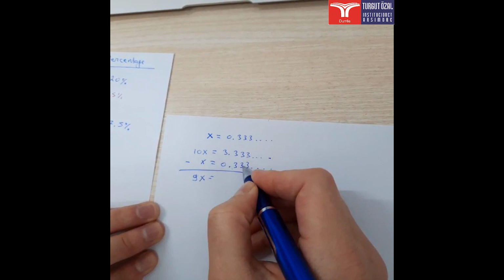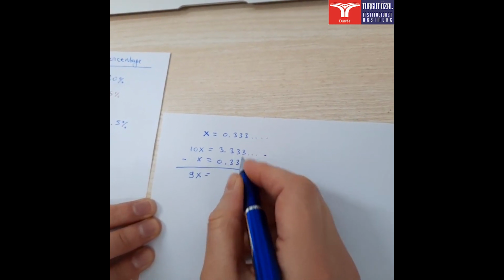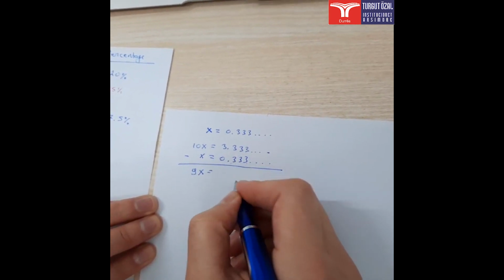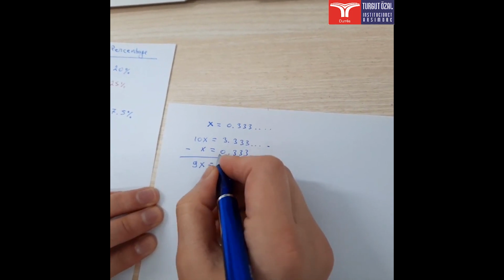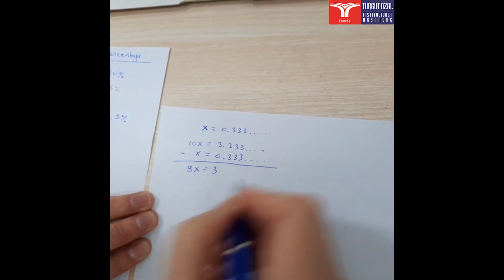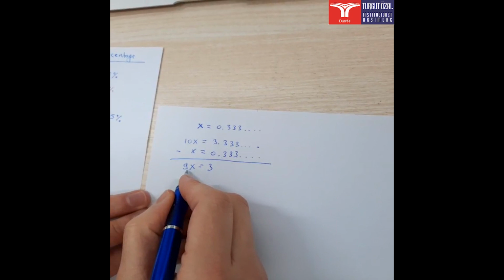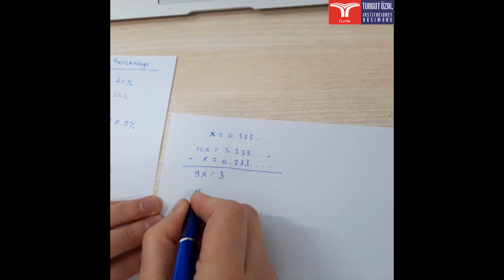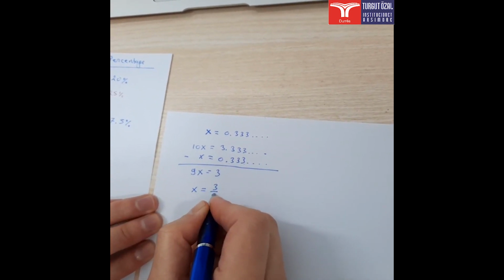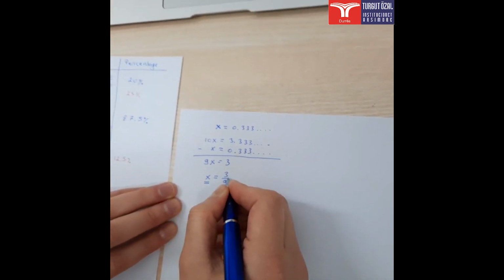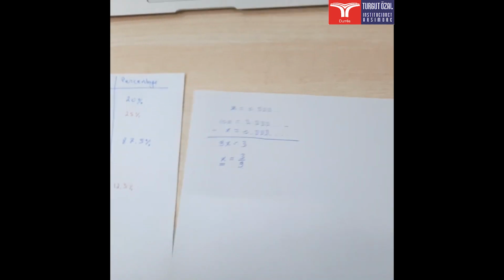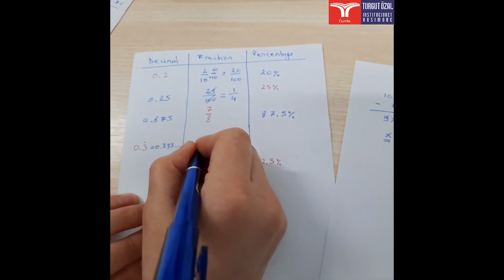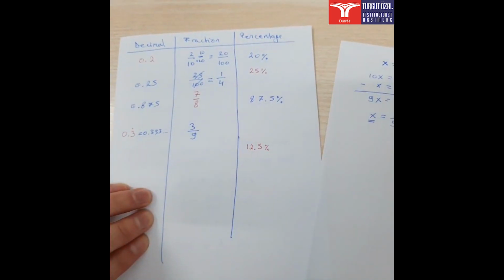If we perform the subtraction, we'll see that all these 3's will give me 0, and 3 minus 0 is 3. All the other side is 0. So 9x is equal to 3, so x is equal to 3 over 9. So my fraction will be the same as 3 over 9. So let's write here 3 over 9.